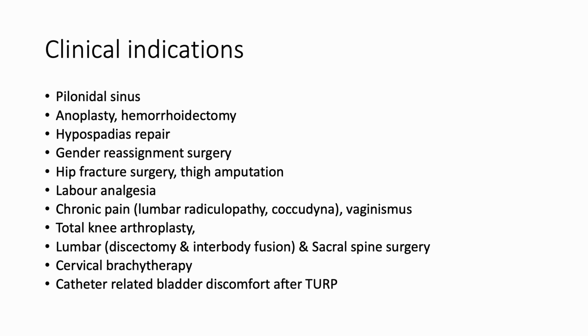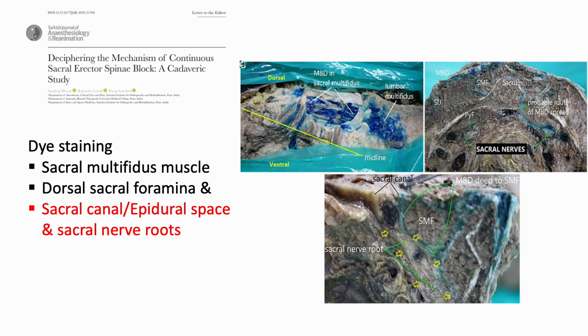They have also been used in total knee arthroplasty, for spine surgery such as lumbar discectomy, interbody fusion, and sacral spine surgery. They have also been used for cervical brachytherapy and also to reduce the catheter-related bladder discomfort after transurethral prostate resection.